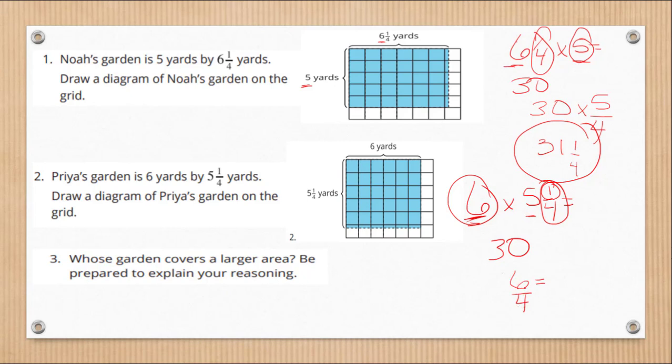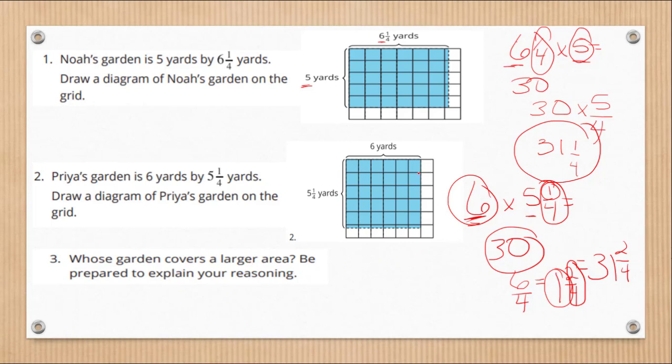So 6/4 would be 1 whole and 2 more fourths. So I'm going to take that 1 whole and that 30 wholes, add them together, and I still have the 2/4 over here. All right, so when I look here, whose garden covers a larger area?